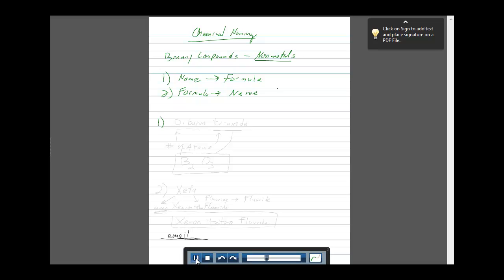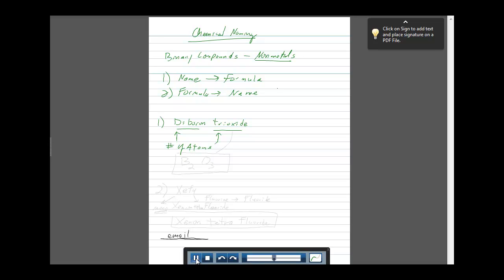will be diboron trioxide. Now, you notice that for these two individual nonmetals, there are prefixes that are listed in the front. These prefixes tell you the number of those atoms of each type.